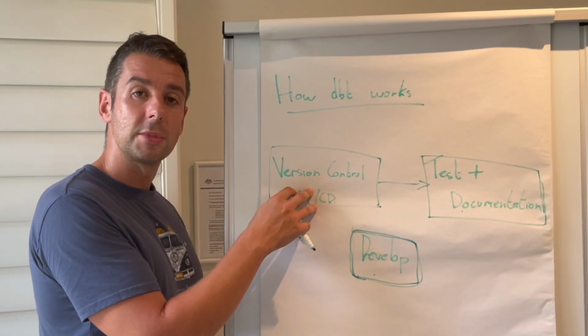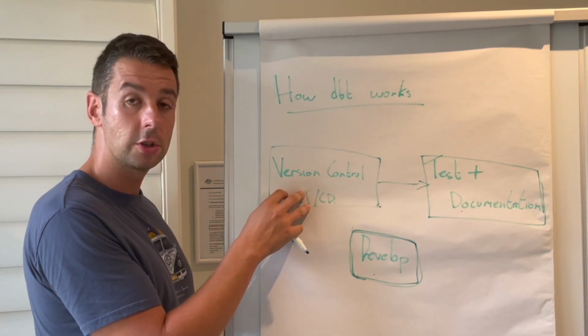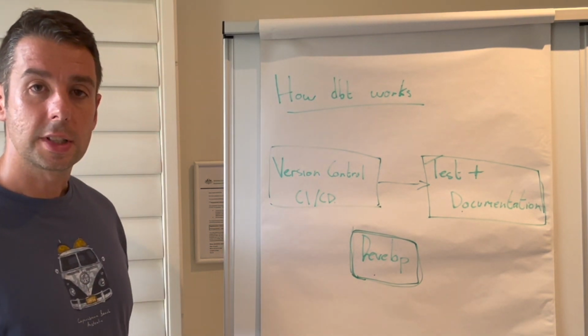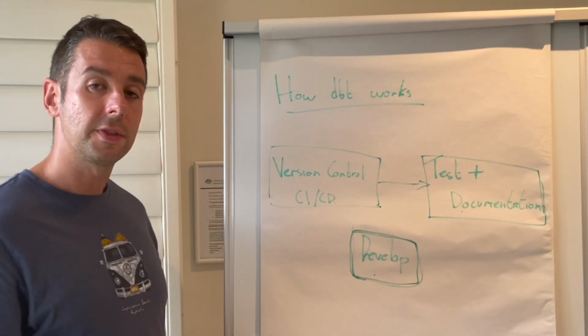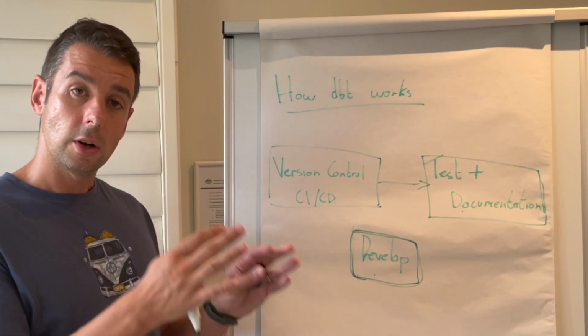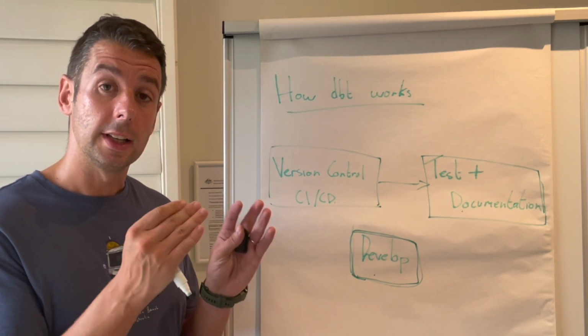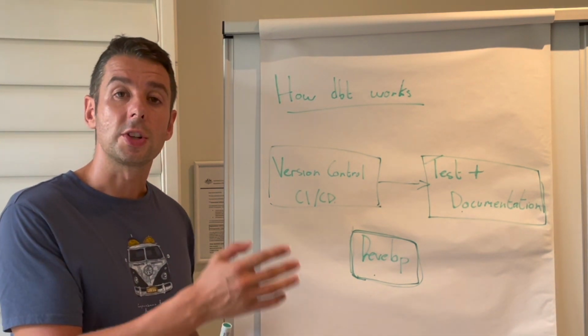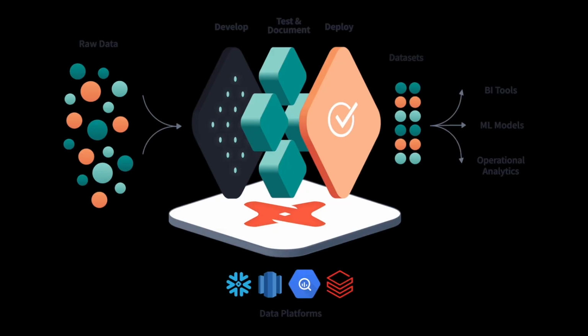Everybody follows the same standard and pattern and version control. Everybody also has to ensure their code is tested as well. And dbt comes with these three features to ensure that the code quality and the build is standardized and repeatable throughout the entire process. So that's a very quick overview of what dbt is, where it fits into your data ecosystem, what problem it solves, and why it's grown exponentially.